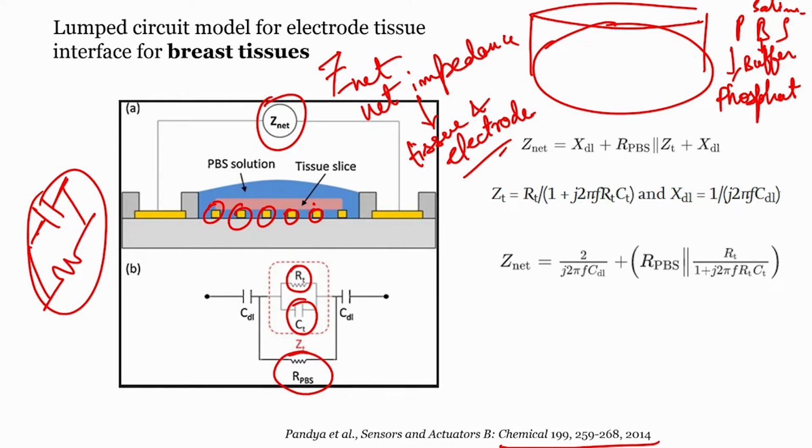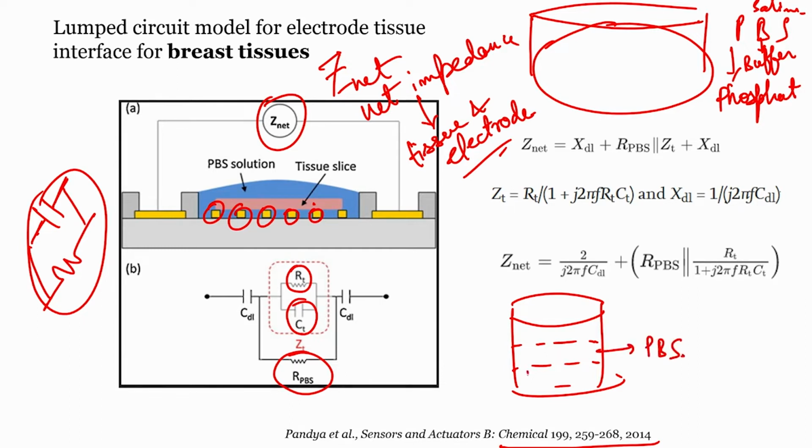Now if you can see here, this PBS surrounds the tissue, like you can imagine it to be a well. This is a PBS filled well, and somewhere here the tissue slice is kept. The shaded region that you see here is the tissue slice, and below the tissue slice there are metal electrodes.